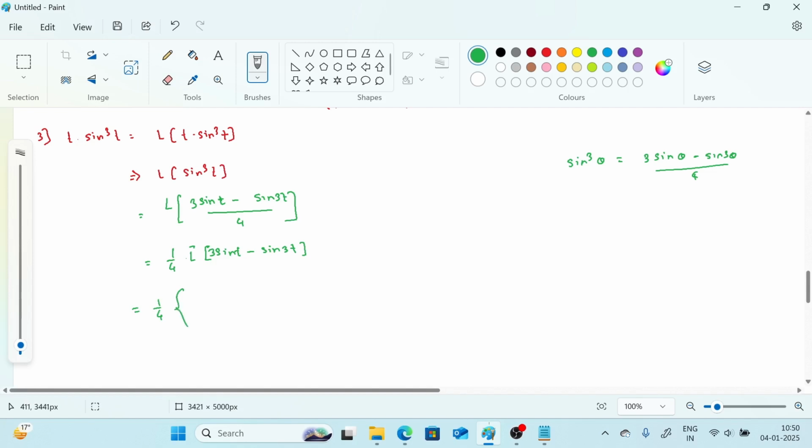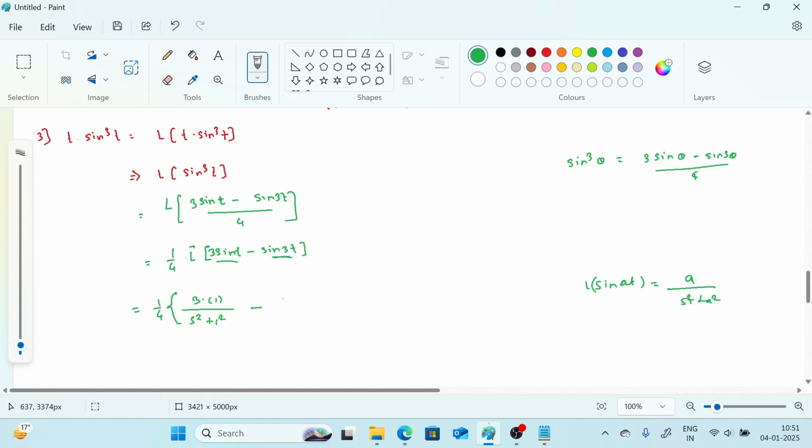Now we knew the value of Laplace of sine at will be a upon s square plus a square, right? So I'm going to apply the same logic here. What will be Laplace for 3 sine t? 3 is the constant. 3 into a is 1 here upon s square plus 1 square is 1, minus sine 3t. What will be the Laplace for sine 3t?